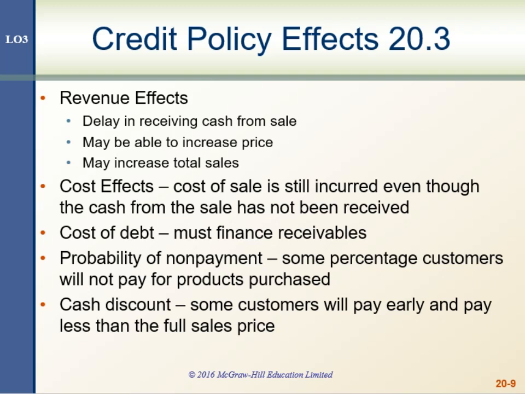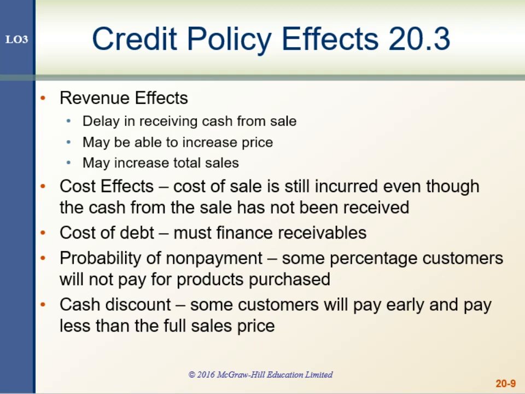The cost of the sale is still incurred, so you still have to pay for your inventory, because you can't stiff your suppliers, so you need to make sure you pay them, even if you haven't received the cash from the sale yet. And of course, you have to finance the receivables, so you actually have to borrow some money so that you can pay your inventory costs and all your other bills before you actually collect the money from your customers.